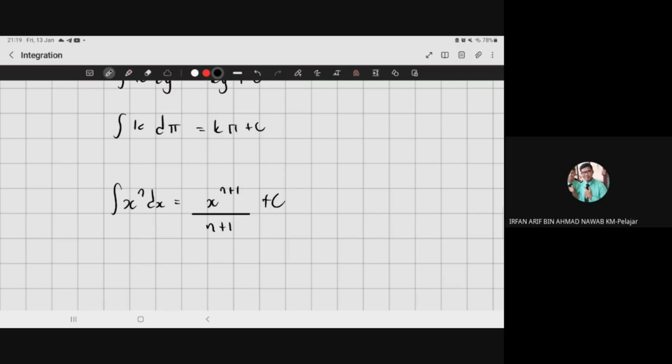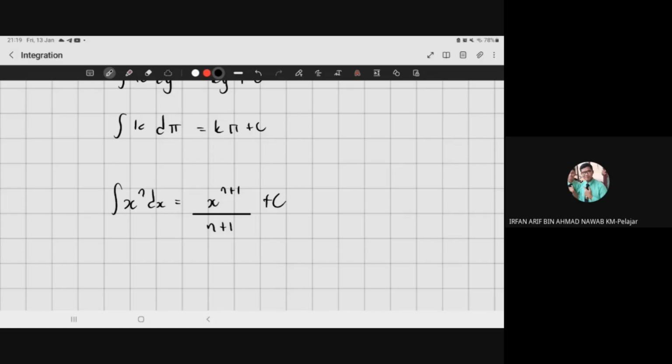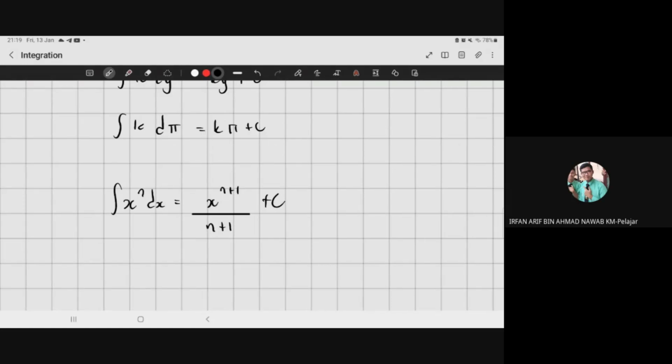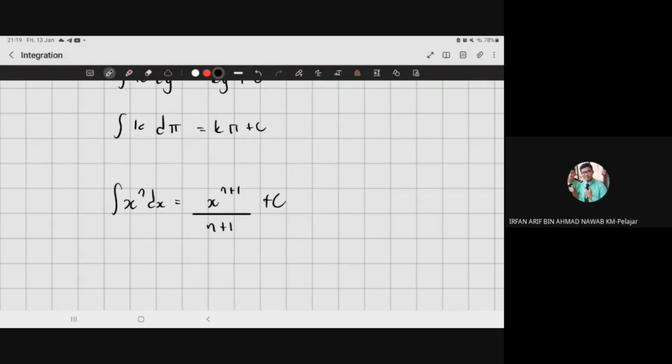For now we only discuss rational numbers, but n cannot be -1. Later on you will see why. There will be another section you will learn.